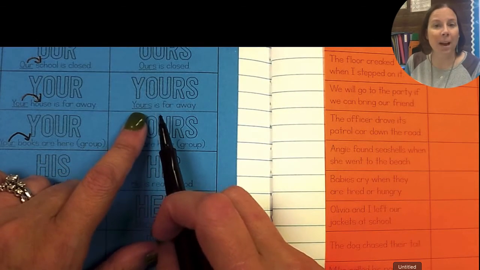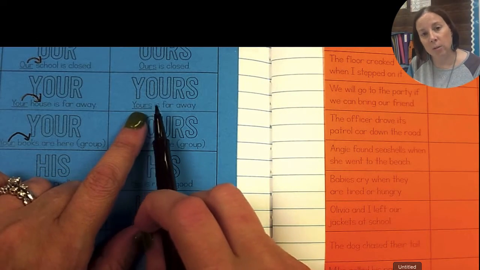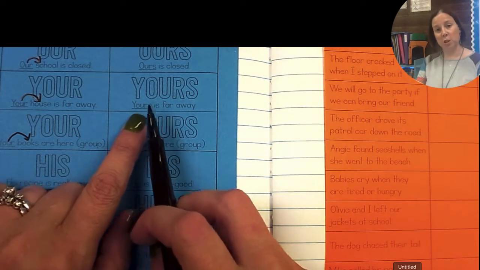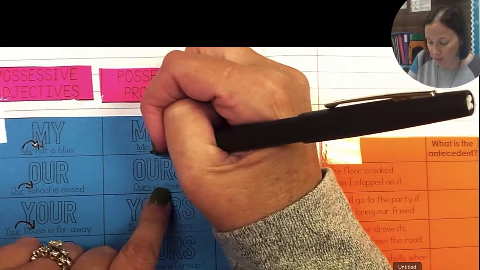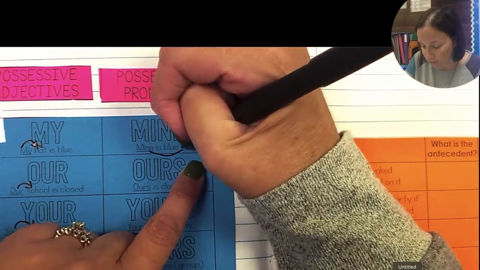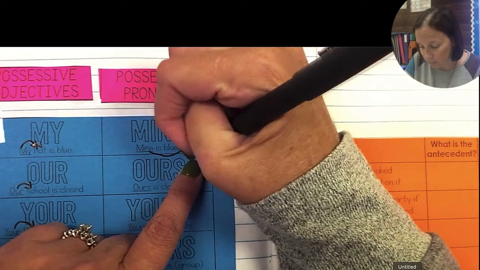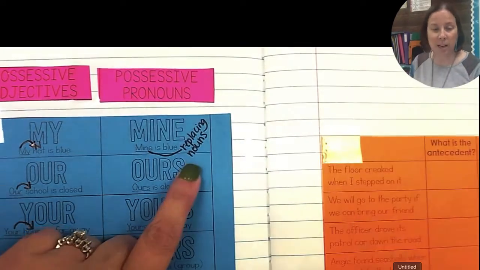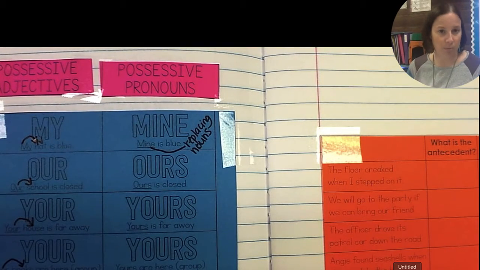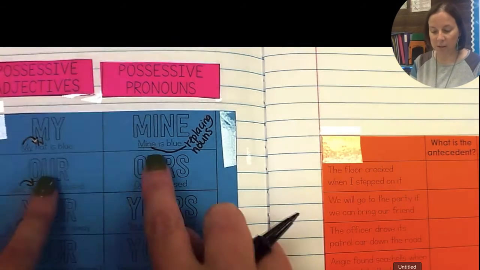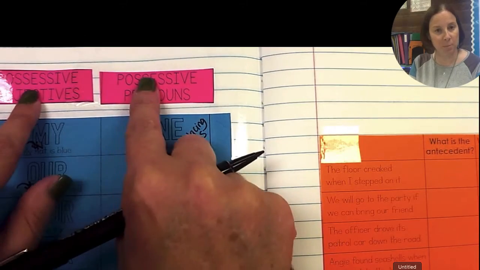Well, my house is close, but yours is far away. So if you were Mrs. Schneider, I could put Mrs. Schneider in there. So these are all replacing nouns. So these are being used as pronouns. They're not describing a noun. So that's how you tell the difference between a possessive adjective and a possessive pronoun.